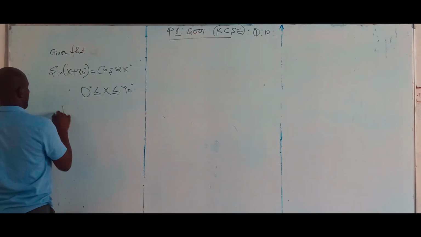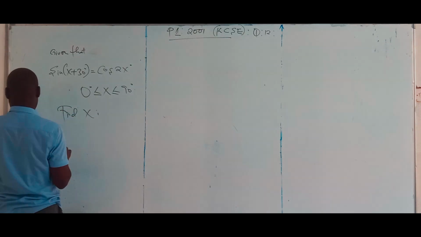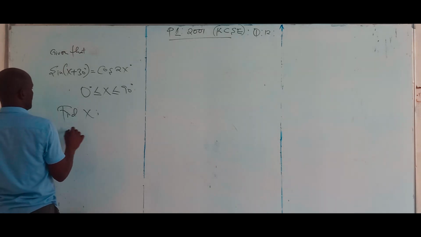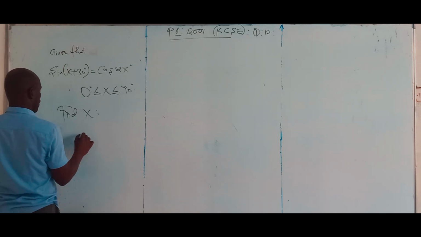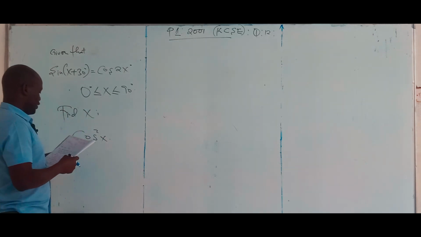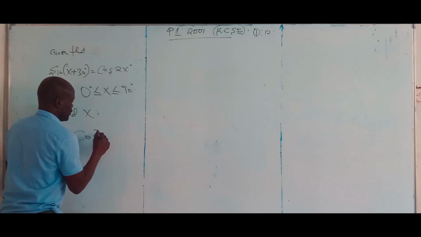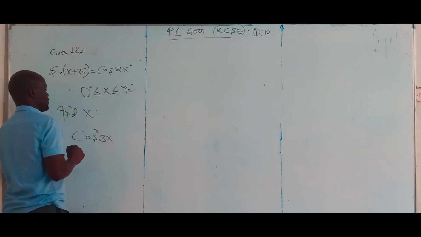One, find x. Two, find cos squared of 3x.